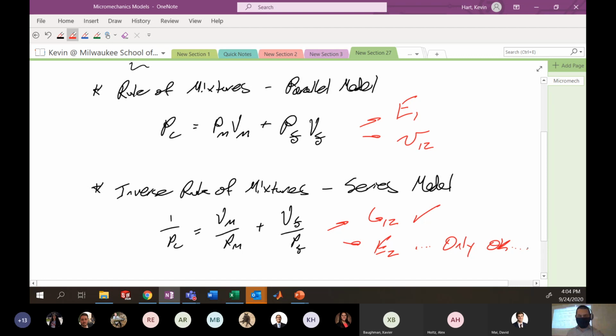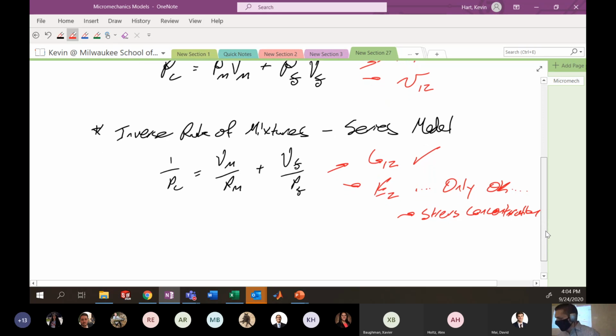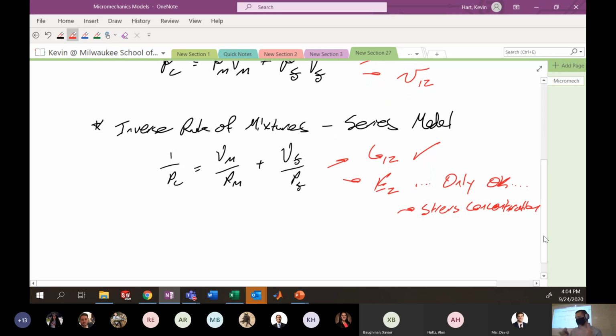It's suspicious, and that's mostly because of stress concentrations. Remember our model, we assumed that we had load in the 2 direction, and we neglected the stress concentration of the fiber for that particular model. So inverse rule of mixtures, a little suspicious, let's just say.